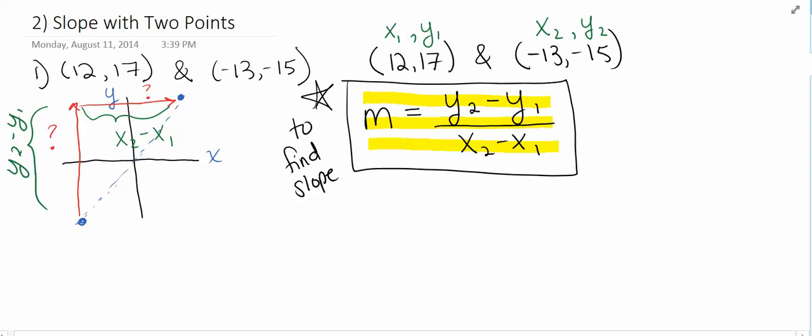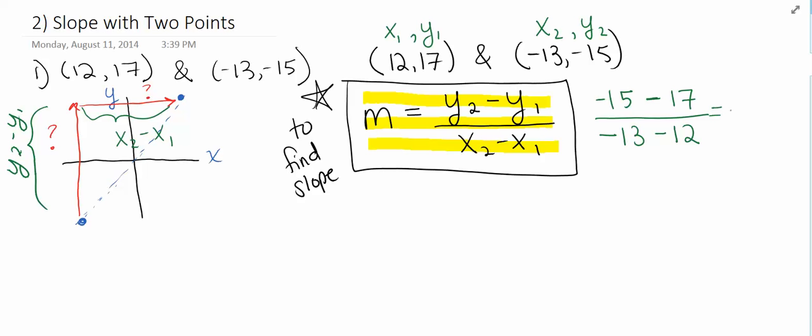So in this instance, let's find our slope. We want y2, so it's going to be negative 15 minus 17, that's y1. x2 is negative 13 minus x1, which is 12. So we do our math. Negative 15 minus 17, remember, you can add the opposite, and we're going to get negative 32.